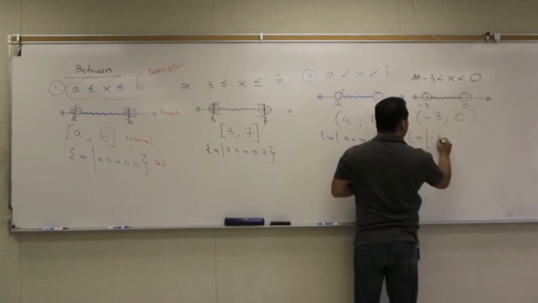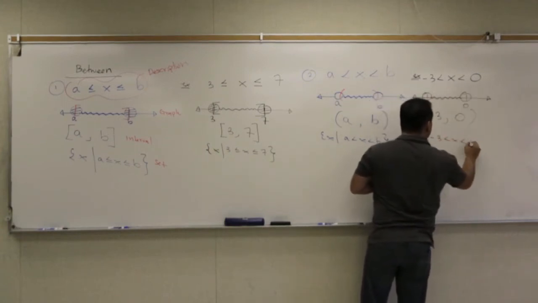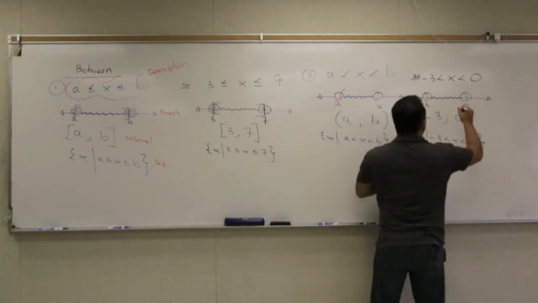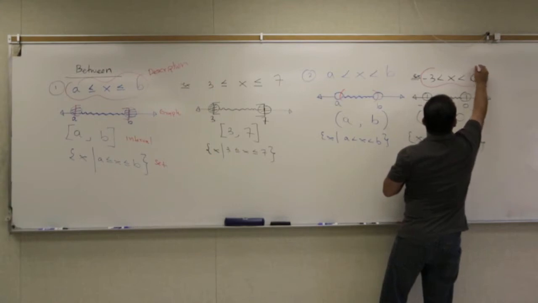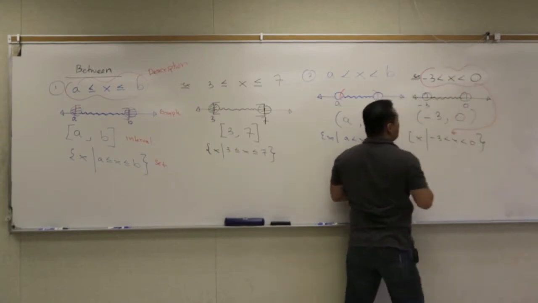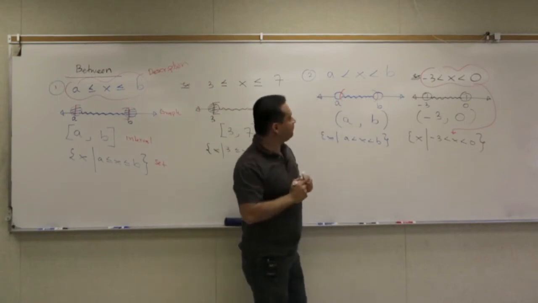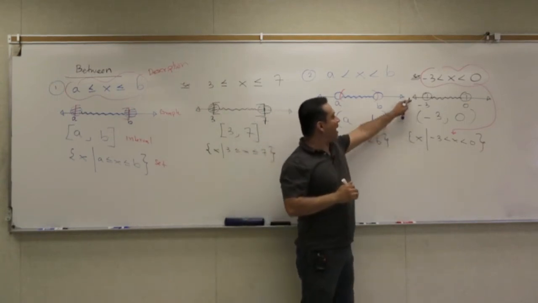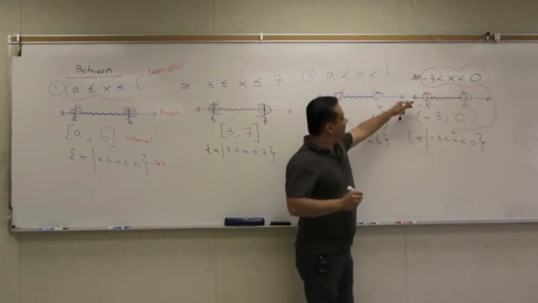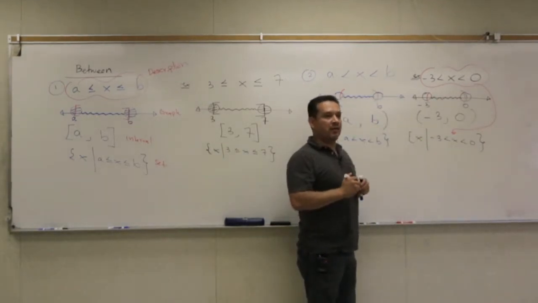Good. -3 less than x less than 0. This is your description. So you're going to put this description here where it belongs in your set notation always, okay? So you got the graph, and again, you can have parentheses, interval, set notation.